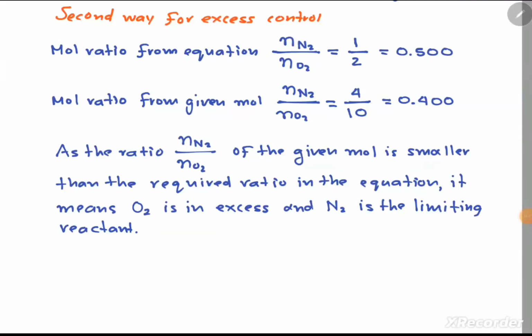So we find that oxygen is in excess, so the stoichiometric calculation is based on the amount of the reactant that is limiting.